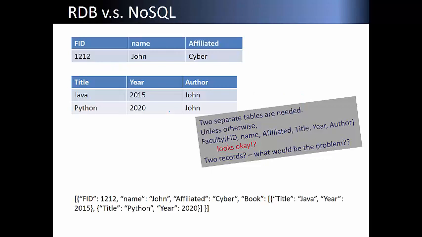If we compare relational database with NoSQL, simply in this way, in relational database, then faculty ID, name, and affiliations, this is a faculty table, and this is a publication table.